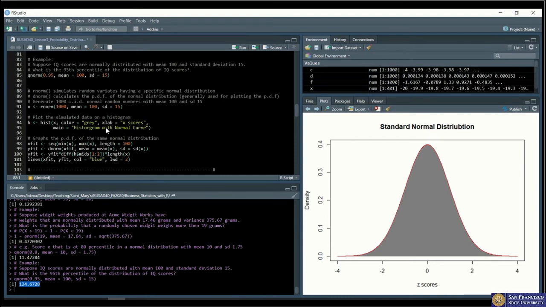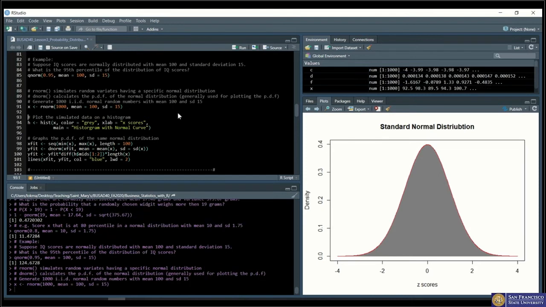The R norm function generates numbers: we define the number of samples, or observations, with a given mean and standard deviation. This will automatically and randomly generate numbers in R that follow the mean of 100 and standard deviation of 15.